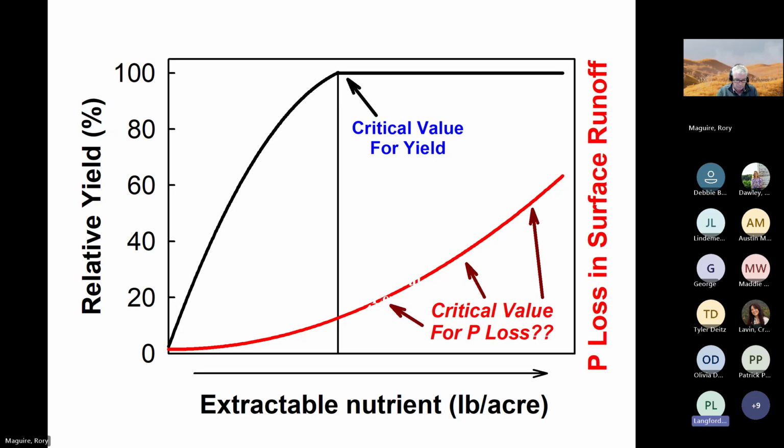Whereas put up against phosphorus loss in surface runoff, there is no critical value for phosphorus loss. So that's just going to continue to rise as your extractable nutrient increases, leading to environmental problems above that critical value.